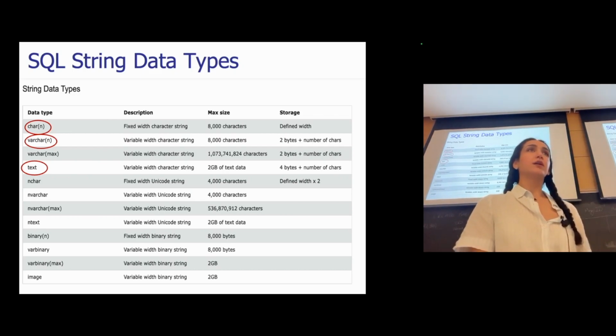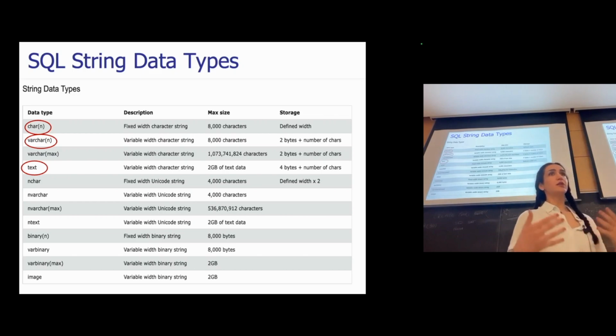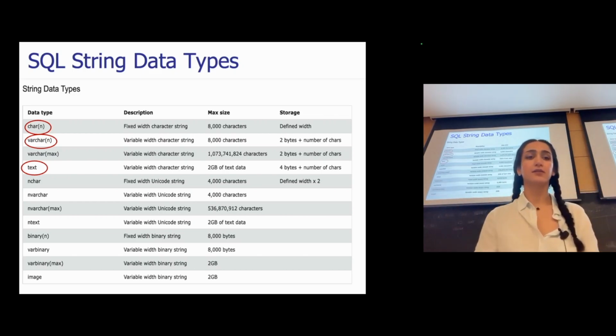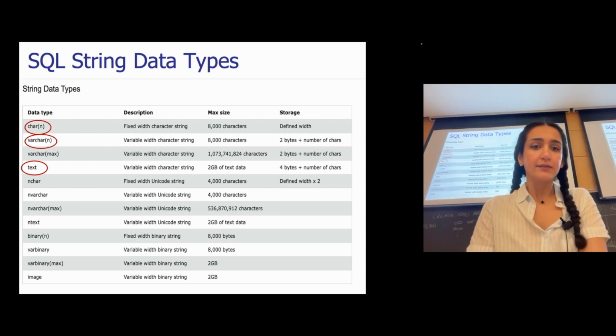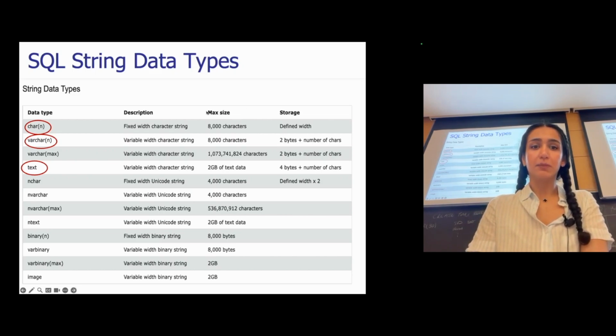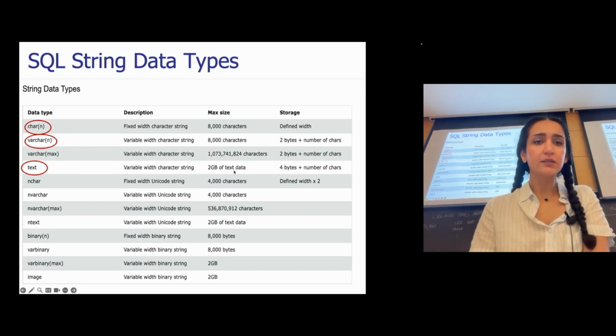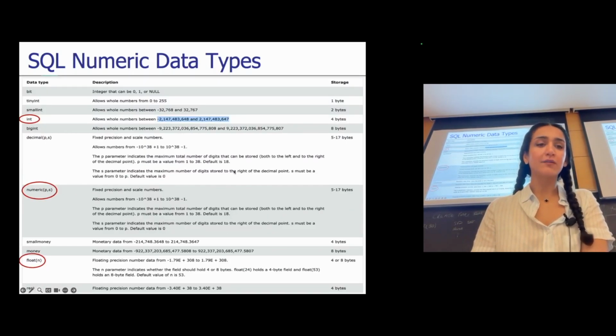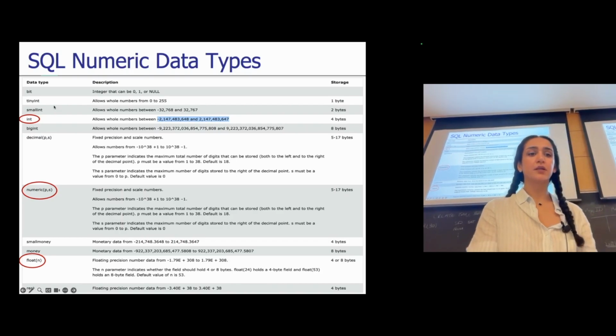If it is variable, like a student name, product name, or description, then you can use varchar. And you can see also the maximum size. You also have text, which is variable-length character strings, similar to varchar, but they have a different maximum size.